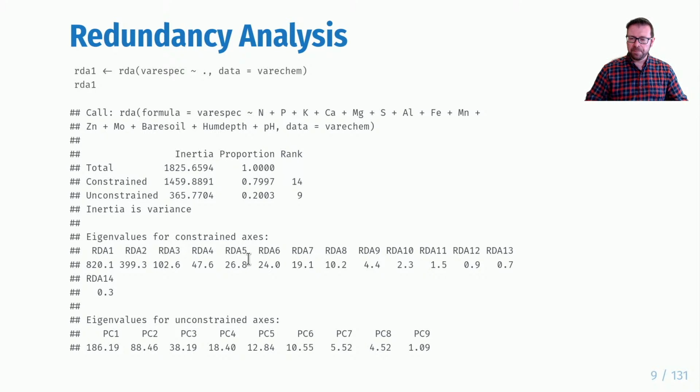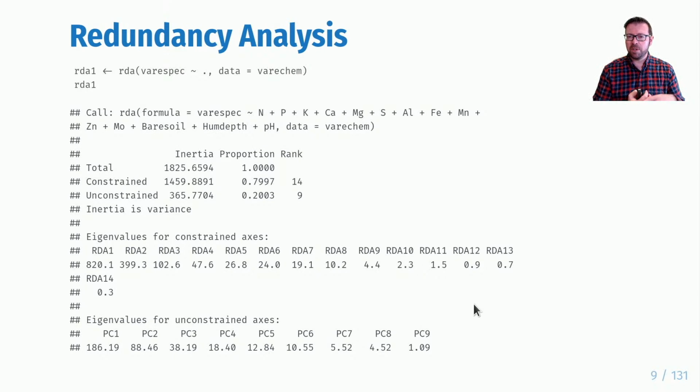And in the webinar on Tuesday, I showed you how we could go through and get the sorts of outputs that vegan would give you, that Canoco would give you, right? But these models work the same way. Essentially, it's just the underlying response model that is different.